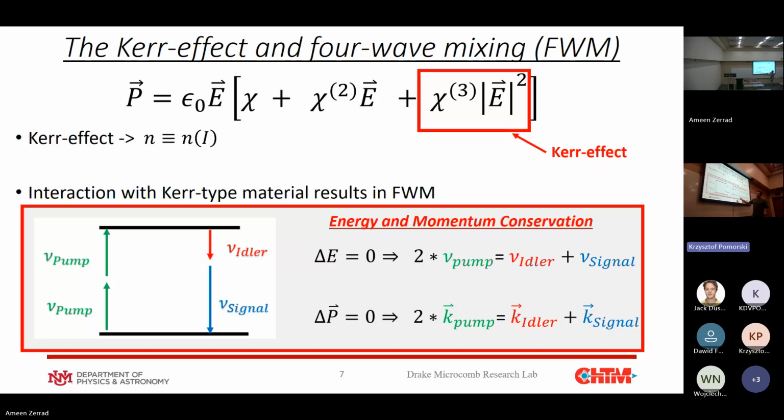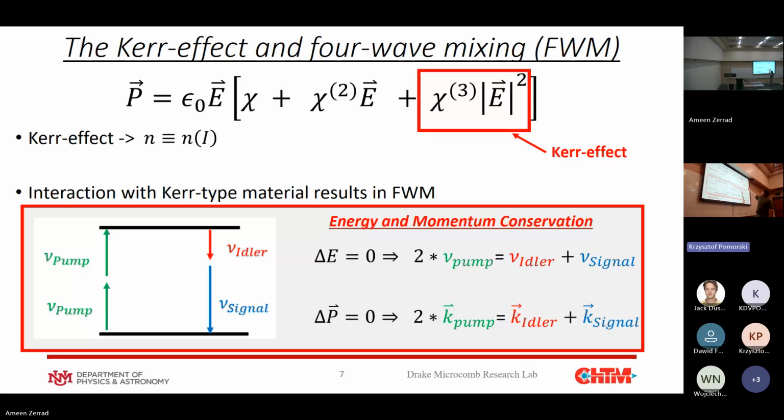And to conserve momentum, you have to have these phase matching conditions. This is why control of the dispersion is very important with such systems, because through careful choice in the design of the microresonator, or rather control of the dispersion, you can satisfy these phase and frequency matching conditions such that your device can support four-wave mixing. And here I just wanted to point out the optical nonlinearity, or the optical susceptibility, the third order one.